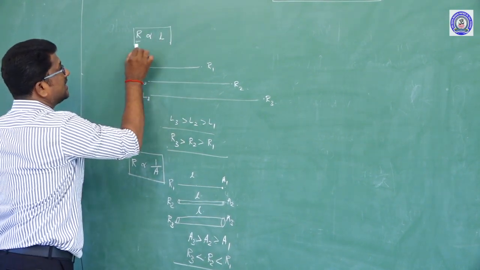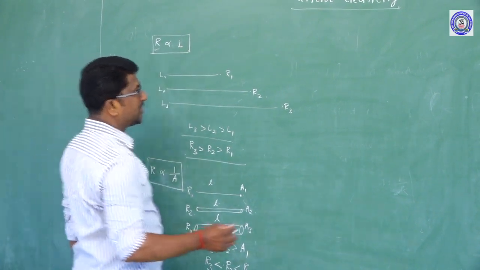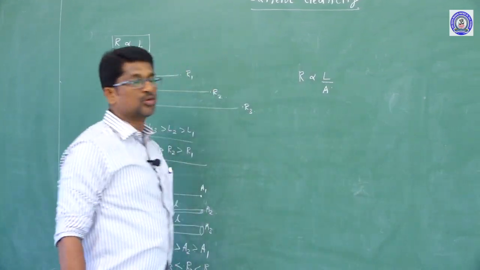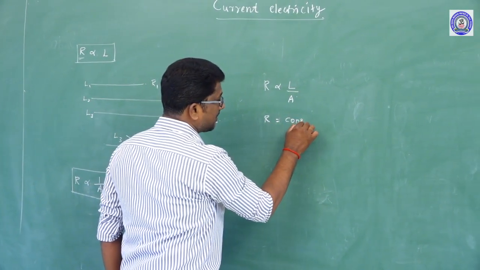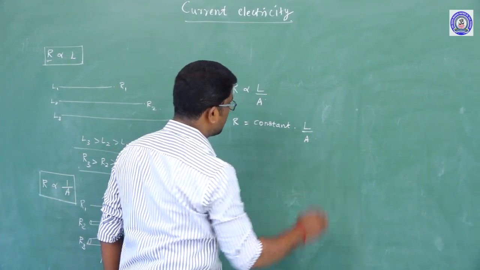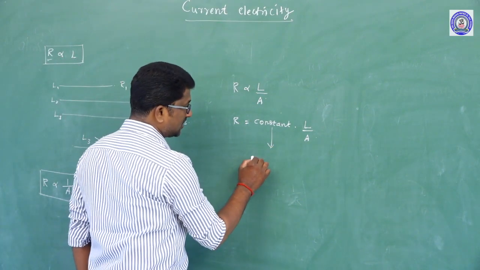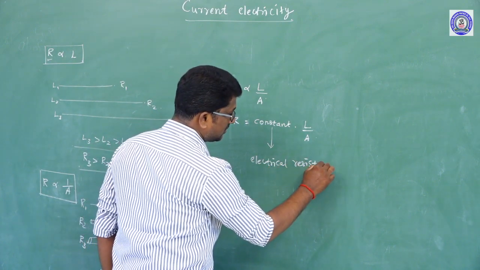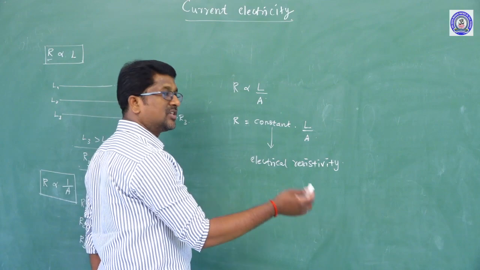Resistance of the wire is directly proportional to length. Now, combining these two conditions, we get R is proportional to L divided by A, right? Or R is equal to a constant times L divided by A. This constant is called the electrical resistivity of the material, or electrical resistivity of the conductor.